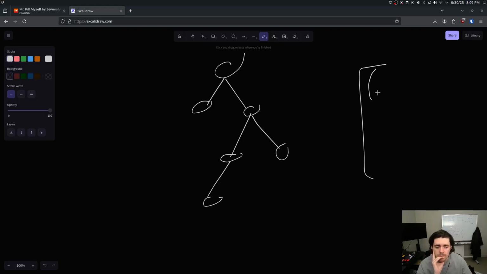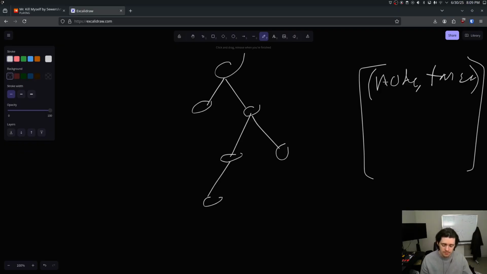So we'll push a node and a visited flag onto the stack.